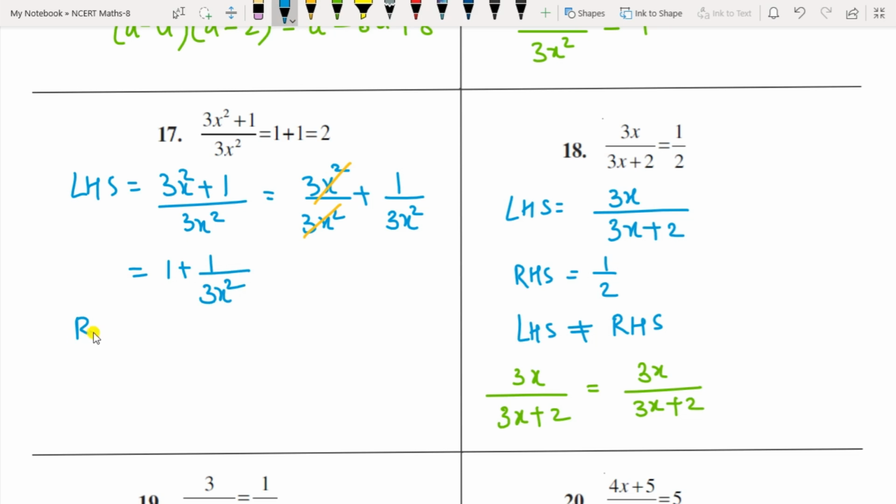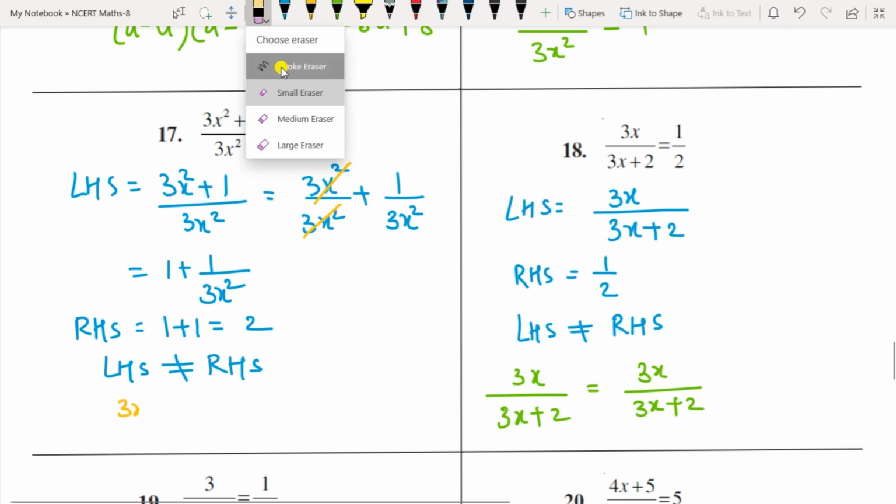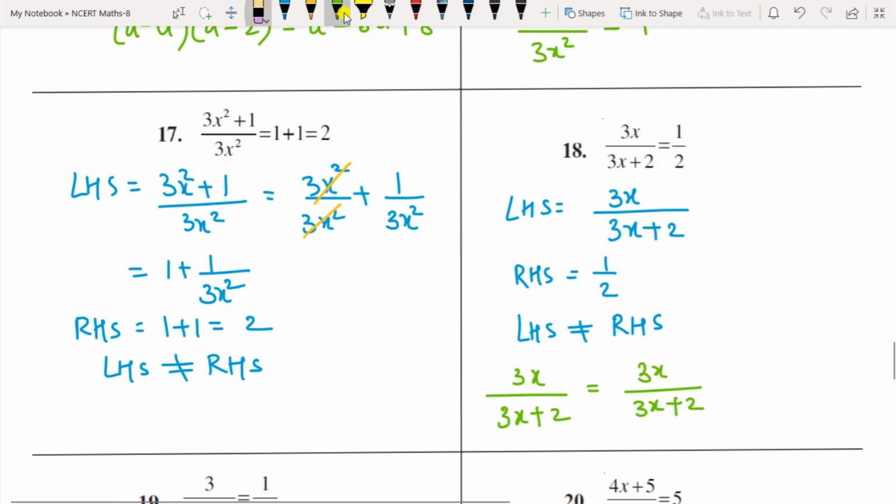But RHS is given as 1 plus 1 equal to 2. So that is not equal to the LHS. So the correct mathematical equation is 3x square plus 1 the whole upon 3x square should be equal to 1 plus 1 upon 3x square and not 1 plus 1 as 2.